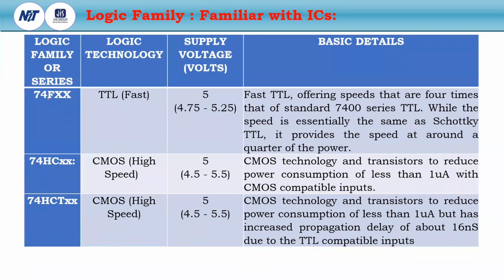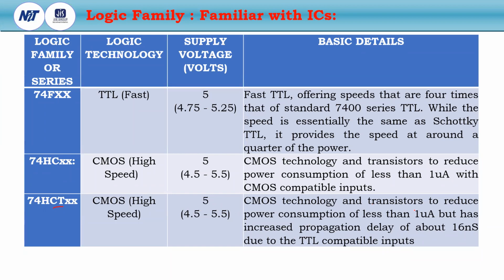This is the 74F TTL, but 74HCXX, that is the CMOS high speed, C for CMOS. Okay. And this is the 74HCT. That means the CMOS technology with the transistors. Here only the CMOS for C, and here this is the CT. That means CMOS with the transistors are used.